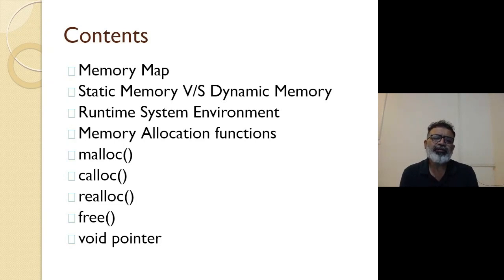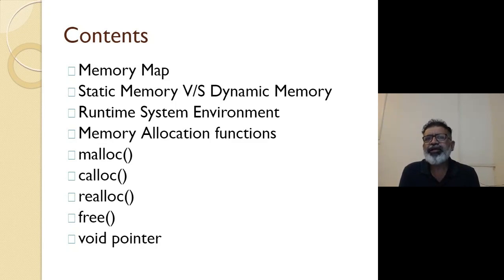I do not usually teach this in C language, but in C++ I talk in detail about the difference between malloc and the new operator. There is a small difference as well, which students are not aware of.